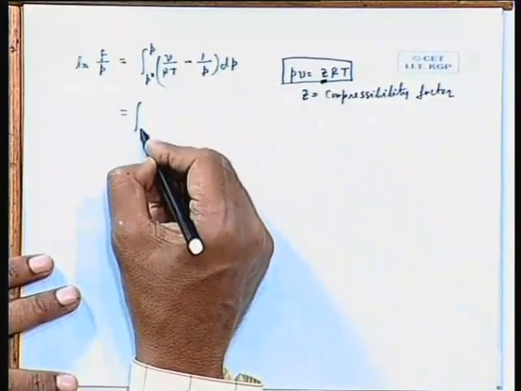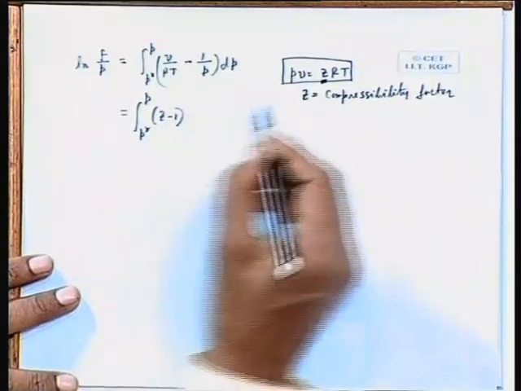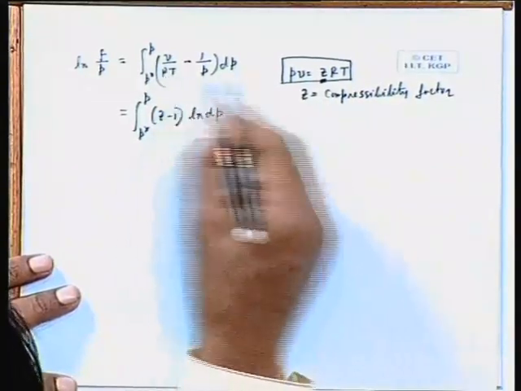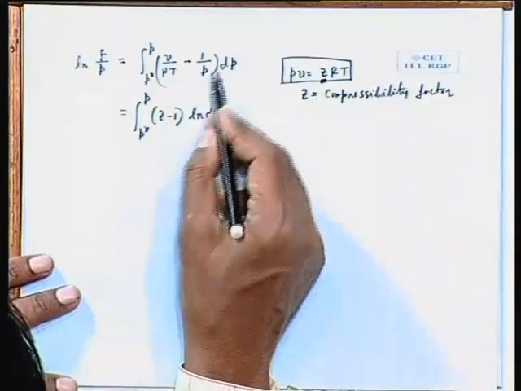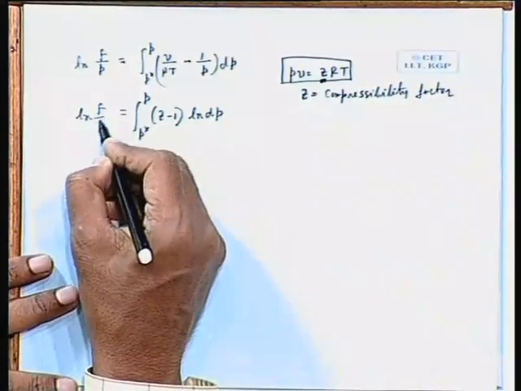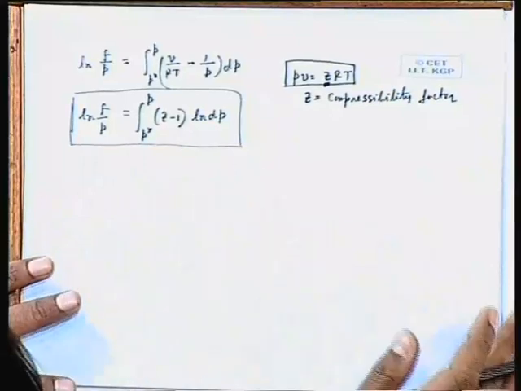Therefore we can write ln(F/P) as the integral from P* to P of (Z - 1) dP/P, because V/RT is Z/P and 1/P remains. This is the same expression in another useful form.